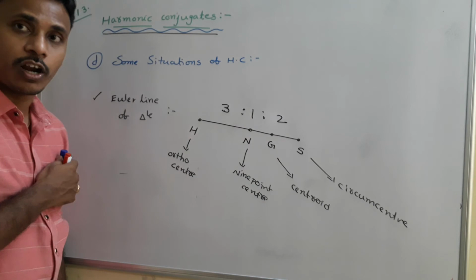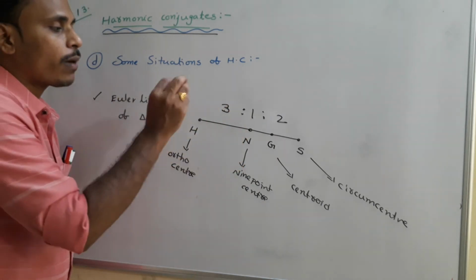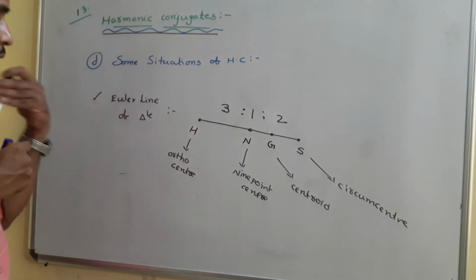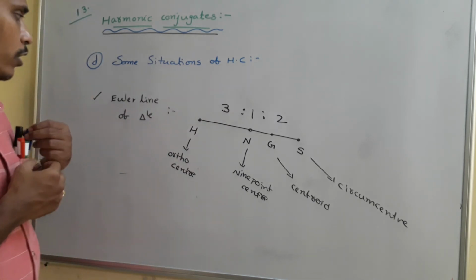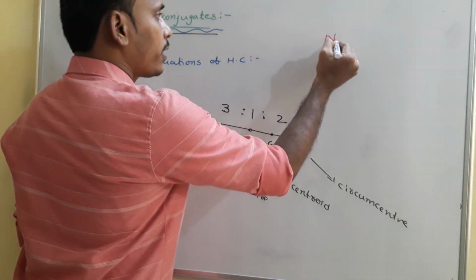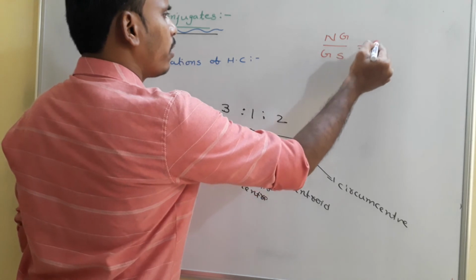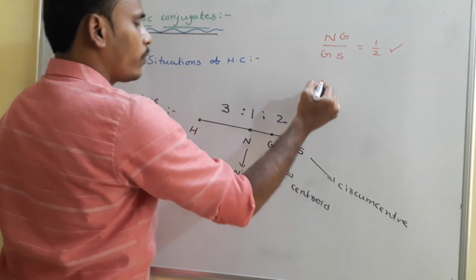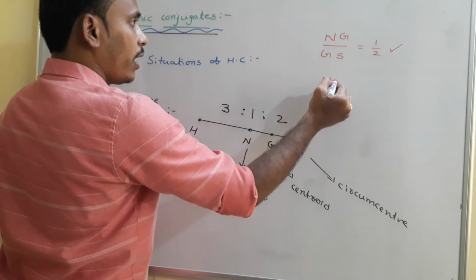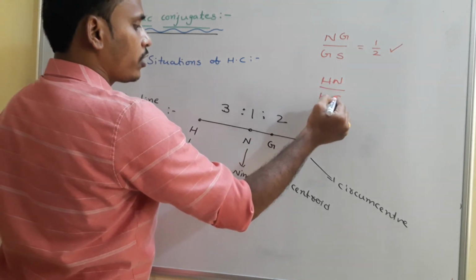Whether it is right or wrong, this was actually identified by Euler. Now by identifying this, we are going to catch harmonic conjugates. What I am going to tell you is, just look there: NG divided by GS is clearly 1/2, as well as HN divided by HS.